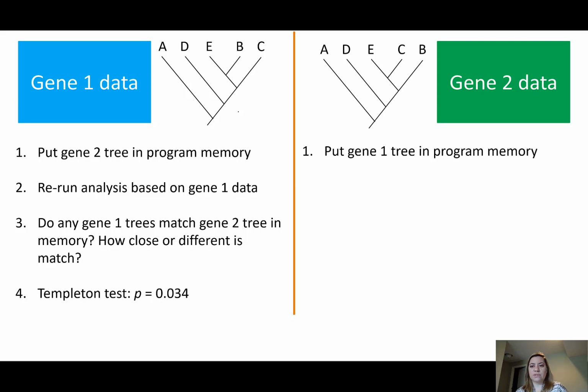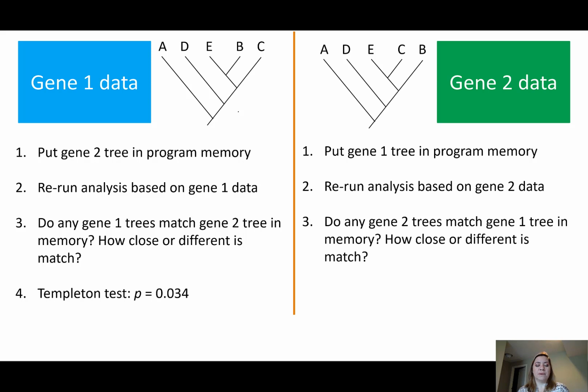If we do the same for the second gene, by putting gene 1's tree in program memory, rerunning the analysis based on gene 2's data, and then comparing gene 2's trees with the program tree in memory, which is gene tree 1, we get a Templeton test of 0.002.